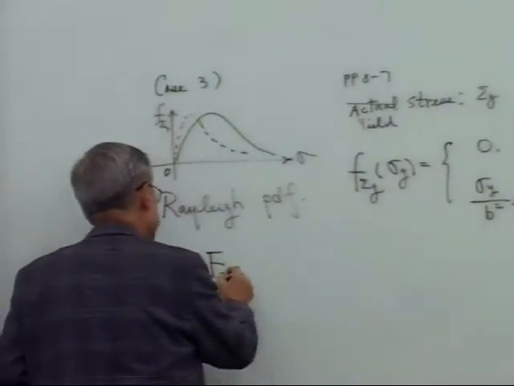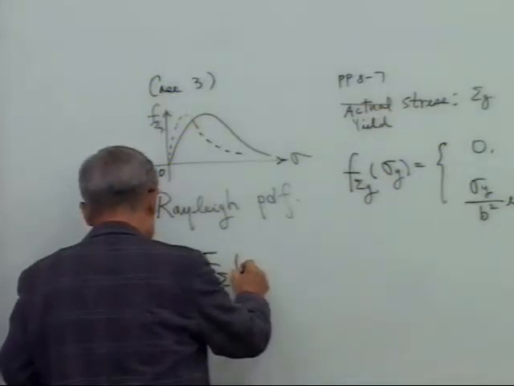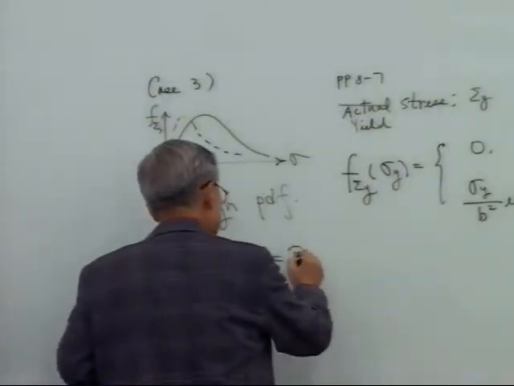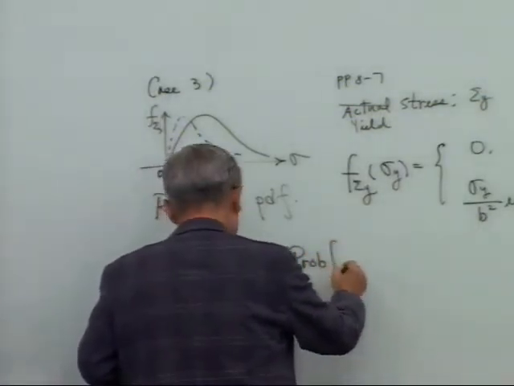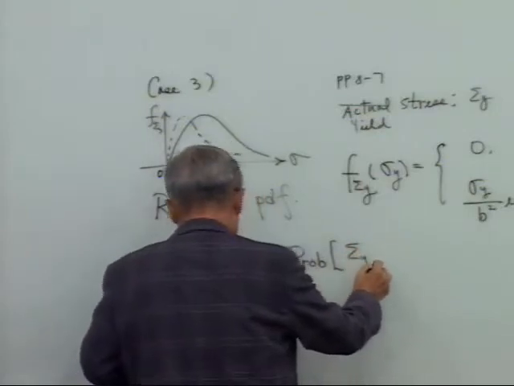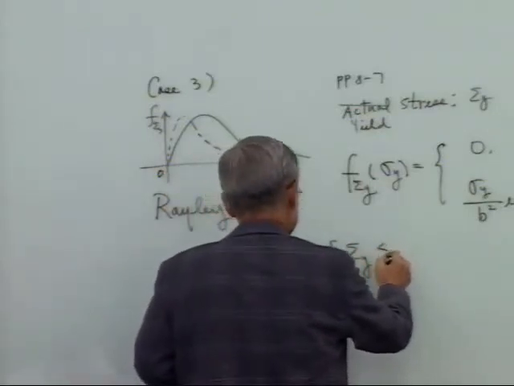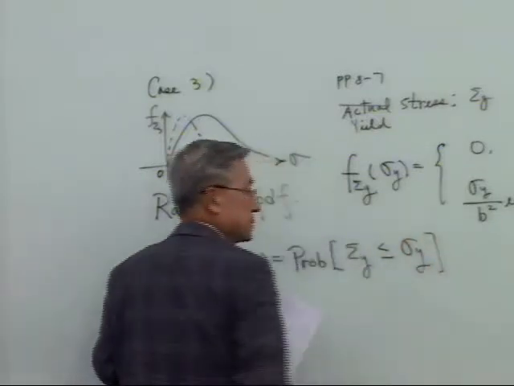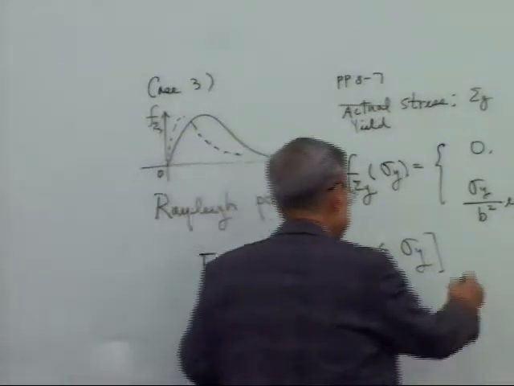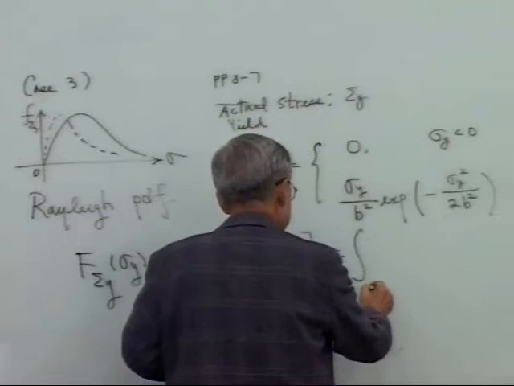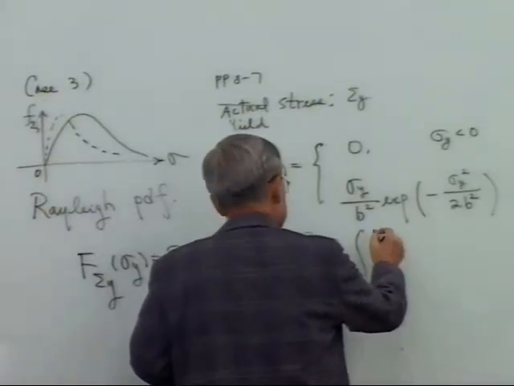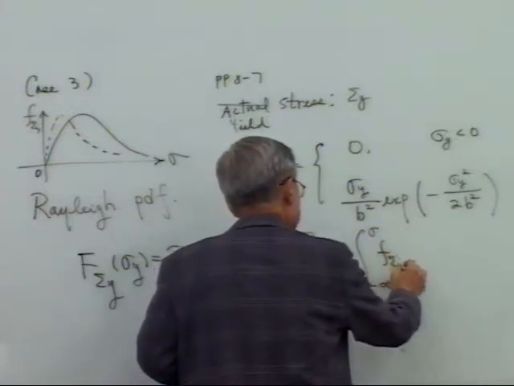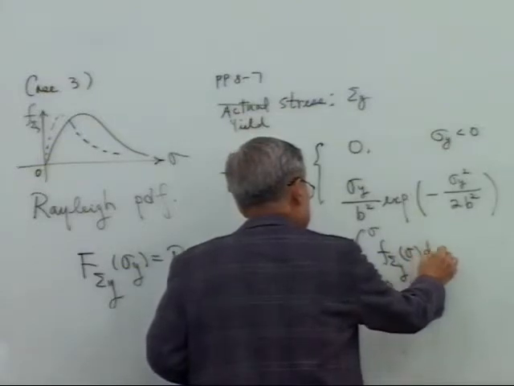And the probability distribution function for the strengths is equal to the probability such that y is less than or equal to sigma y, which is integration from minus infinity to, if you look at my note, I said sigma f y sigma d sigma.